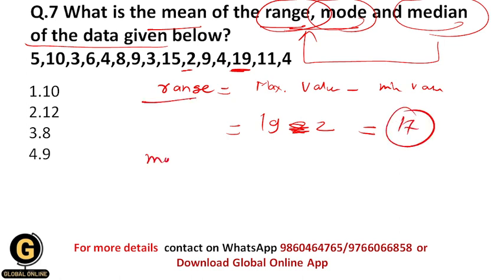Now let us see the value of mode. Mode is nothing but the most frequently occurring value in the data.